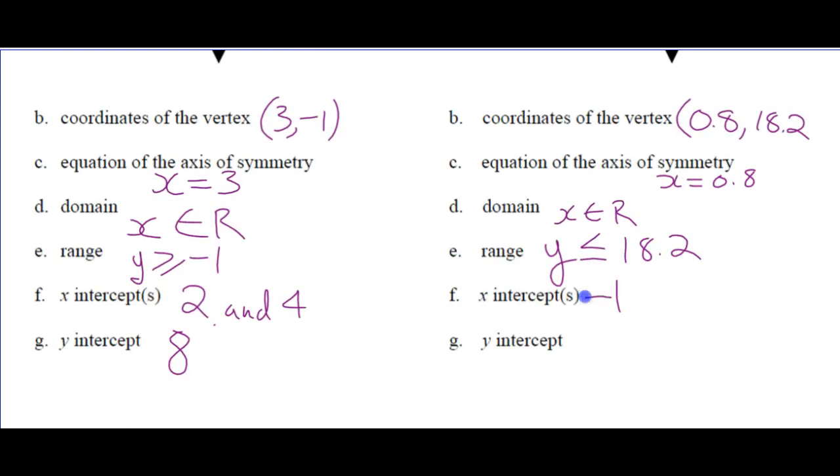So negative 1.1 and 2.7. Y-intercept, 15. Remember, they're just numbers, not points. Don't write down the y-intercept as 0, 15. Okay, any questions on this page?